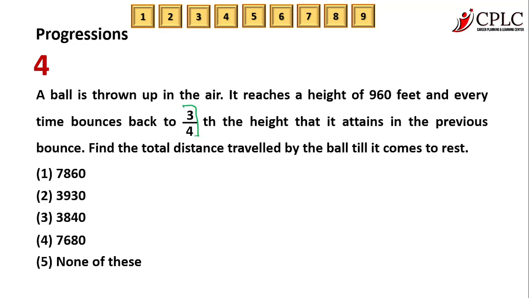And if you remember something that we had discussed also, R is 3 by 4, which is actually 0.75, 75% basically. And it is less than 1. High chances that it is the question of an infinite series, which is S infinity. Now, if you remember, the formula for S infinity is A upon 1 minus R, where A is the first height, which is 960 in this case, and R is 3 by 4.